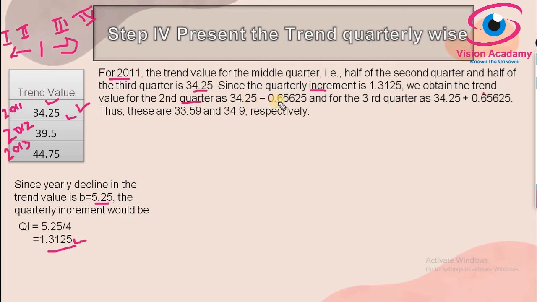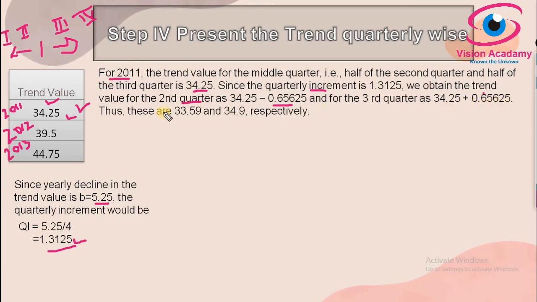Now we can obtain the trend value for the second quarter as 34.25 minus 0.65625. For the second quarter and the first quarter we take a minus value, and for the third quarter and the fourth quarter we take a plus value. We have divided 1.3125, made it a half to the second quarter and half to the third quarter, and got 0.65625. So for the second quarter 34.25 minus 0.65625, and for the third quarter, as I told you, we add: 34.25 plus 0.65625.